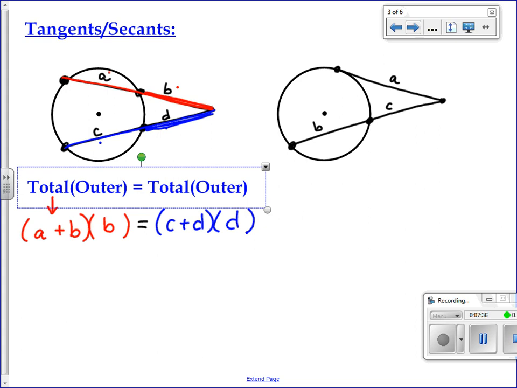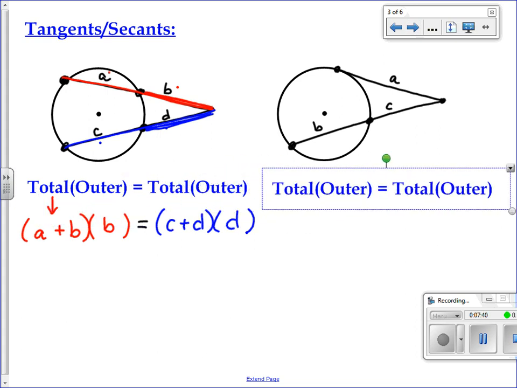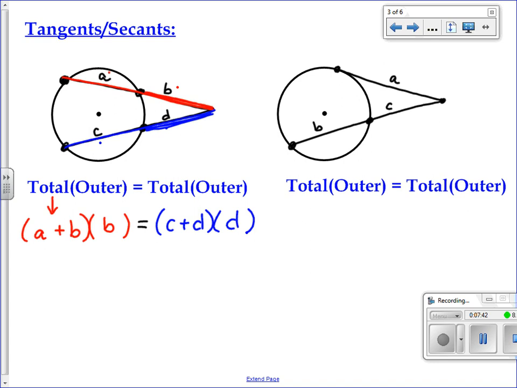So I'm just going to duplicate this, and we're going to do the same exact thing for this scenario, which is a tangent and a secant. So let's start with that tangent. That tangent is just made up of A, so the total length of that tangent is just A. Now I'm going to multiply by the outside part of the tangent.